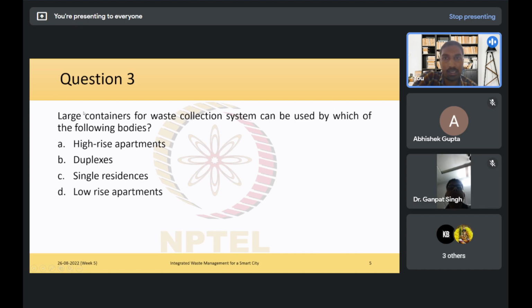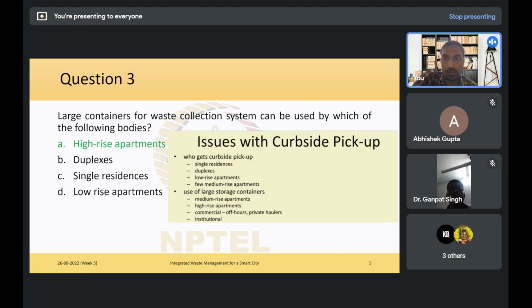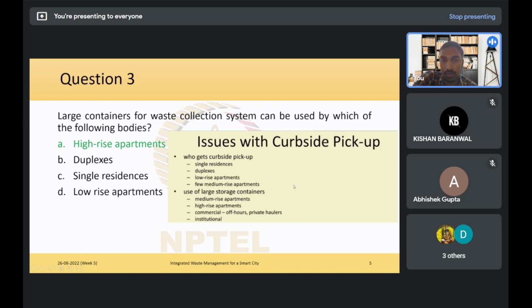So here we are looking at large containers, which means it is appropriate for areas which are going to produce large amounts of waste. So that's why the correct answer to this is high-rise apartments. We looked at this in one of the lectures, where curbside pickups are more suitable for single residences, duplexes, low-rise apartments, and some small, medium-rise apartments.